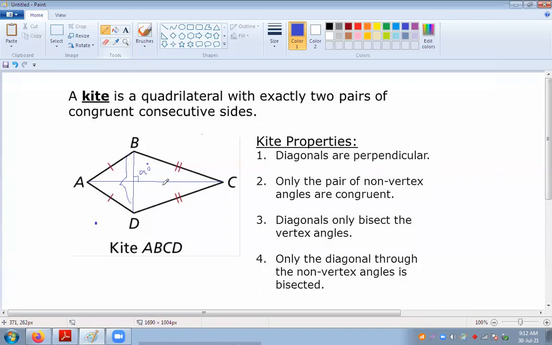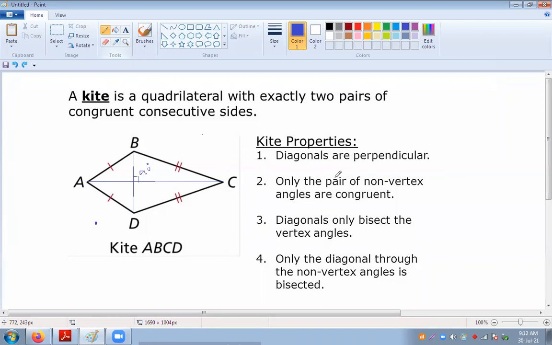Listen carefully. The diagonal BD is bisected by AC, but the diagonal AC is not bisected by BD. Is that clear?